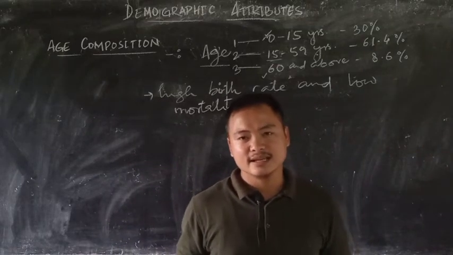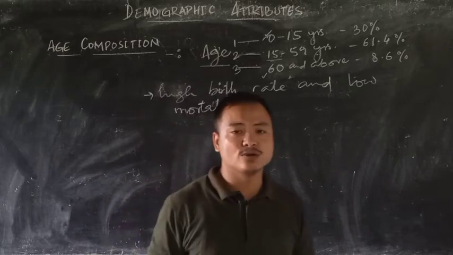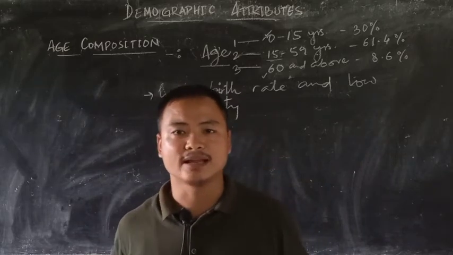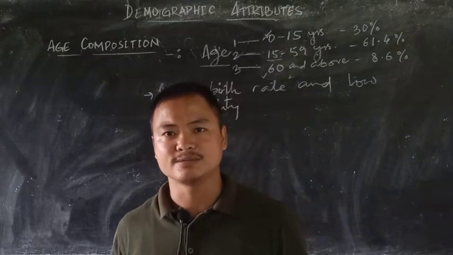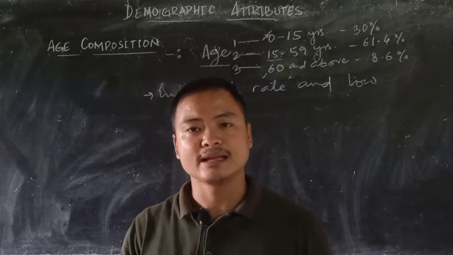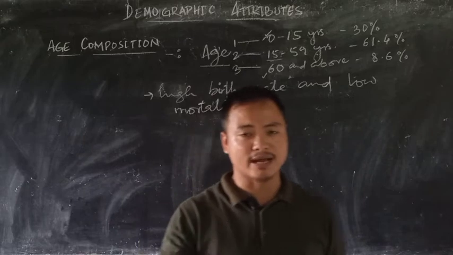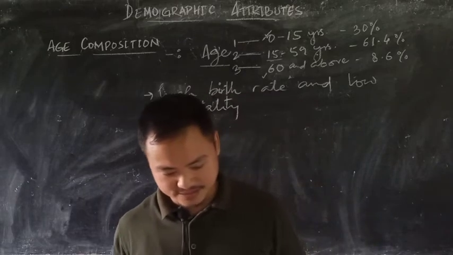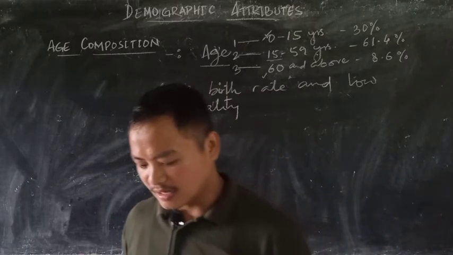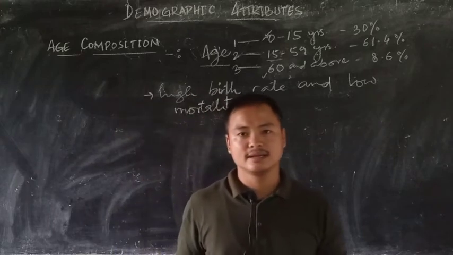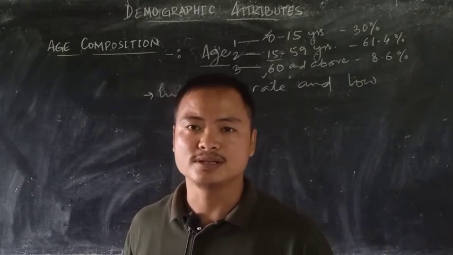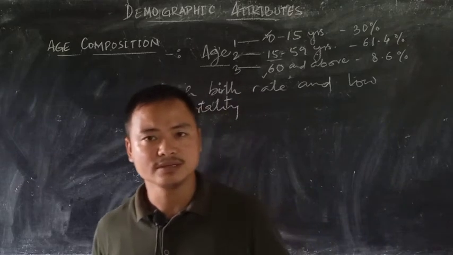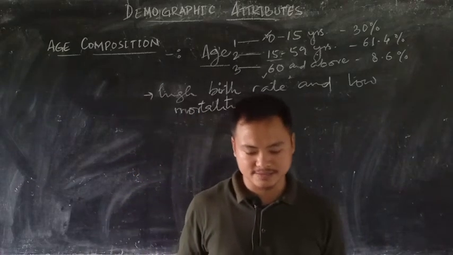The second is that in rural areas there are not many earnings, there is no better standard of living. So most of the working people, aged between 15 to 59, migrate from that region, leaving behind mostly the dependents. So this results in a higher percentage of young population in the rural areas as compared to urban areas.